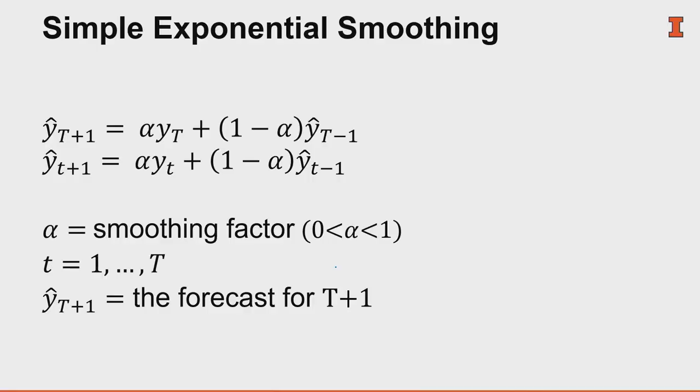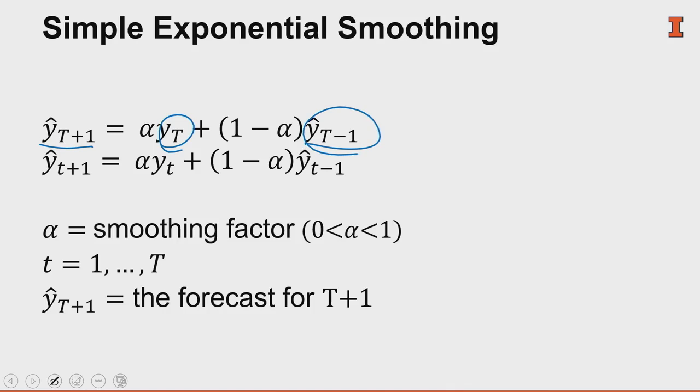So let's look at the Holt-Winter's model. But before we do, let's take a look at the equations. These are the equations that I introduced in the moving average section for simple exponential smoothing. And recall our prediction for the next time period, t plus 1, is some sort of combination of today's value, yt, and our previous estimate.